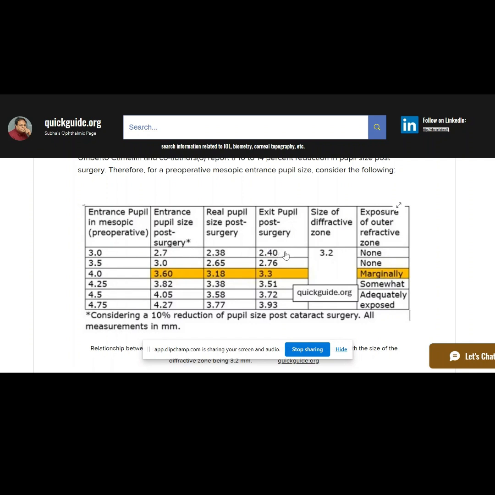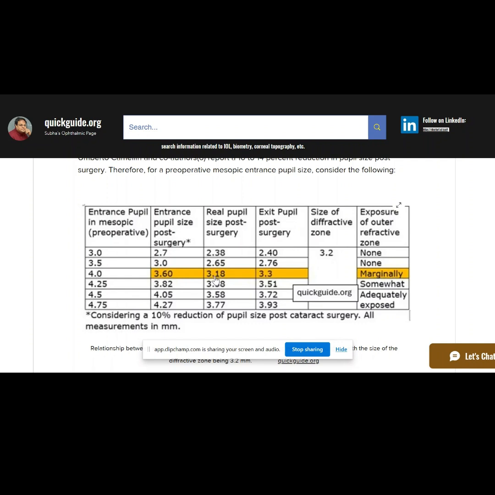Now, if you have a diffractive zone of 3.2 millimeters, then the outer refractive zone will not be exposed. With a 3.5 millimeter preoperative entrance pupil in mesopic conditions, your outer refractive zone will also not be exposed.